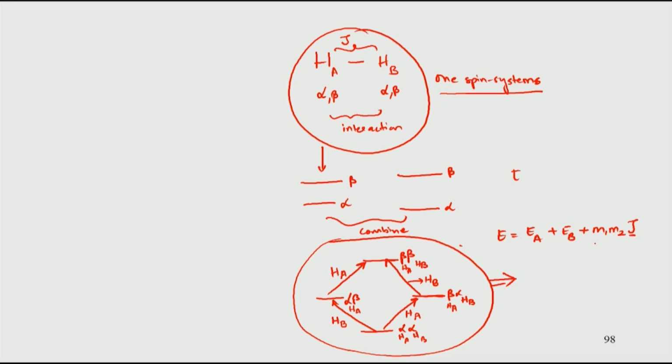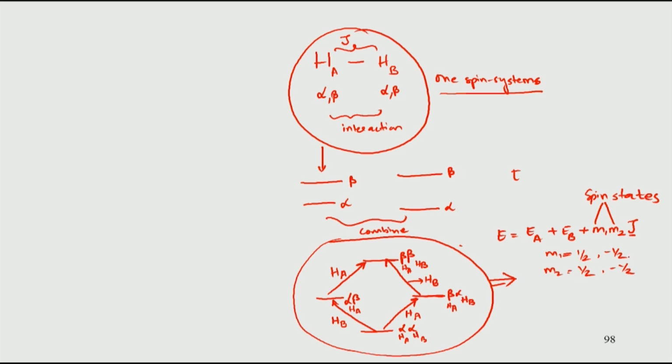Now, M1 and M2 are basically the spin states. M1 can be equal to half, or it can be minus half. M2 can be equal to half, or it can be minus half.